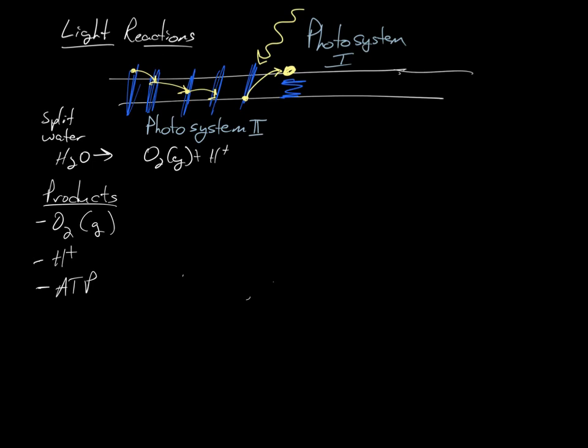Does everybody understand so far what I'm saying? We're trying to get rid of this electron. How do we do it? Does anybody have an idea? If you had read the chapter, please read the chapter.